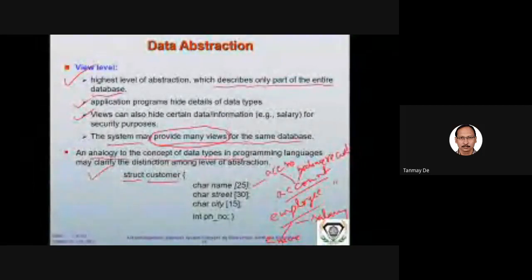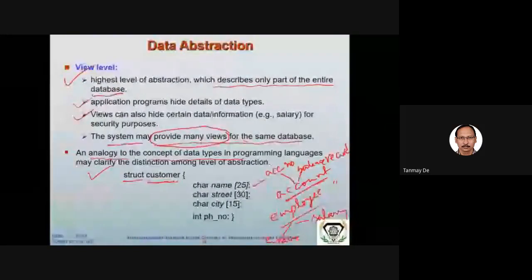That means the employee record consists of two fields: employee name and salary. The account record consists of two fields: account number and balance. The customer record consists of four fields: customer name, street, city, and phone number.